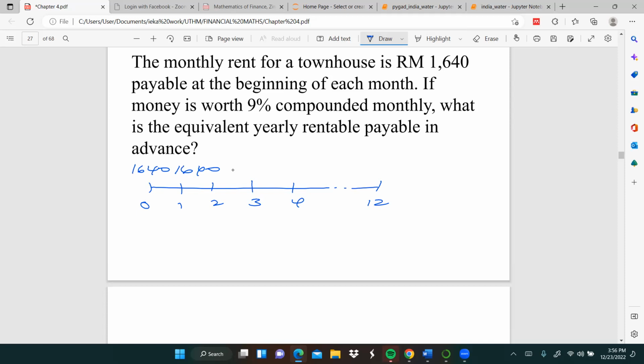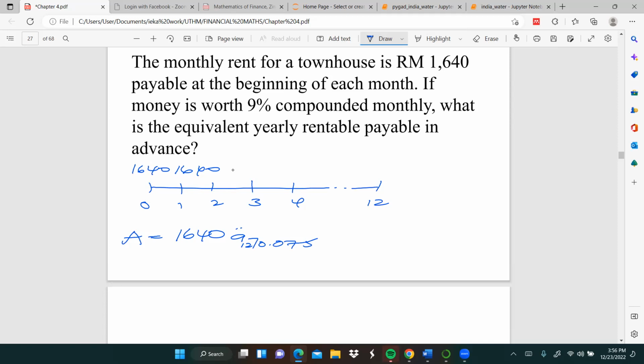So A is 1640, A angle 12 at 0.0075, times 1.0075.